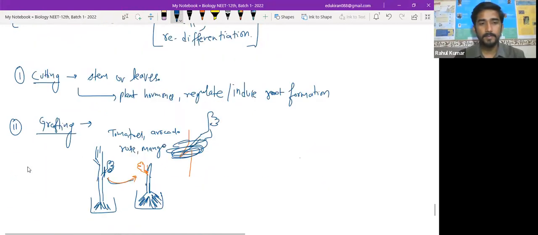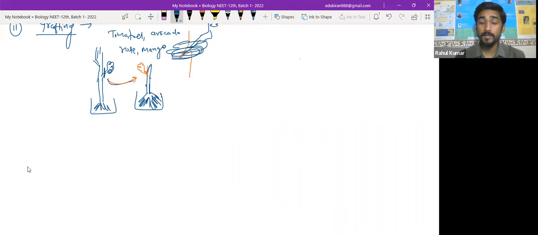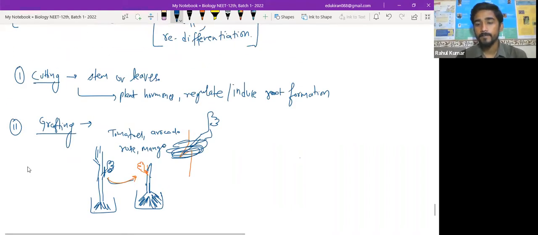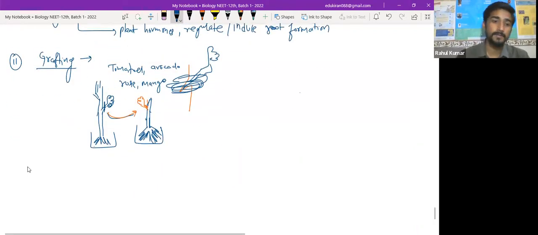Pear can be grafted. But for grafting, you have to remember that the tree does not have to be very old, because we need a young system which can develop over time, right? So it has to be relatively younger so that the graft can be accepted properly.